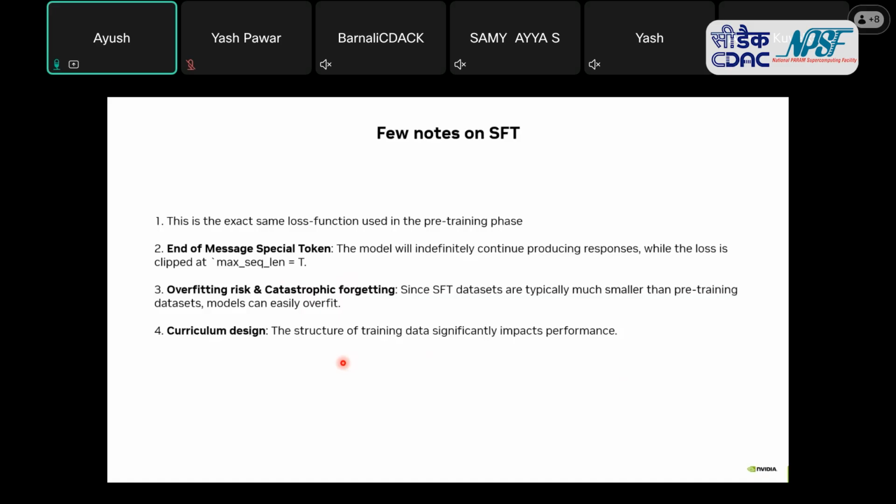This is a kind of curriculum design which helps the model learn step by step, like how kids learn. You teach very short sentences or very few words to a kid when it starts to learn, and at a later point in time, as the kid gets older, it adapts to paying attention to a longer set of sentences. So this is one of the curriculum strategies to make the model learn.